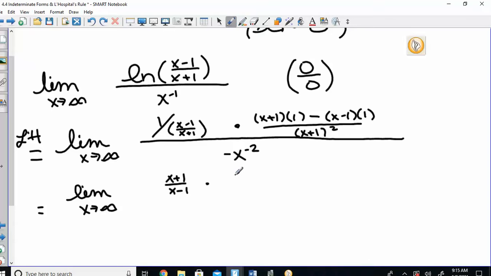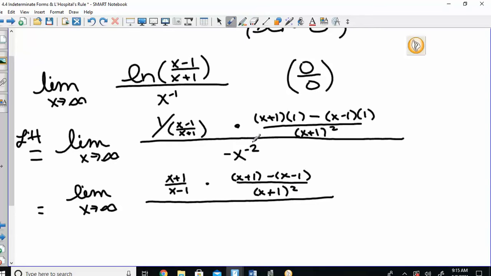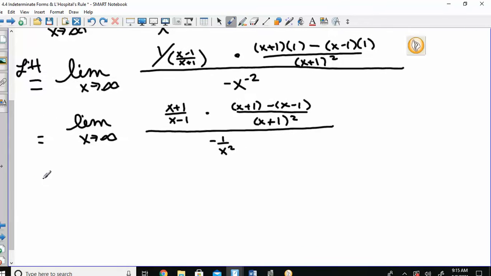Okay, over here, if I clean that up, that gives me x plus 1 minus x minus 1 over x plus 1 squared, over, you could go ahead and move that to the top. If you need to see a little more, that's like negative 1 over x squared. Okay, we're working on cleaning this up.